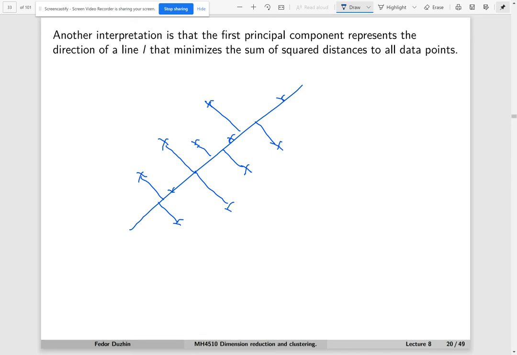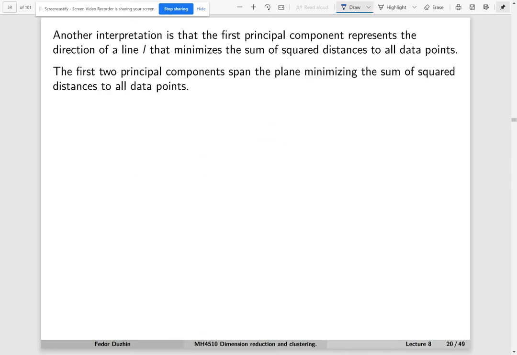All right, so this is the first principal component. The second principal component is constructed like this. I take the first principal component, represented by a vector, and then I construct a vector that is perpendicular to it. That's one condition.